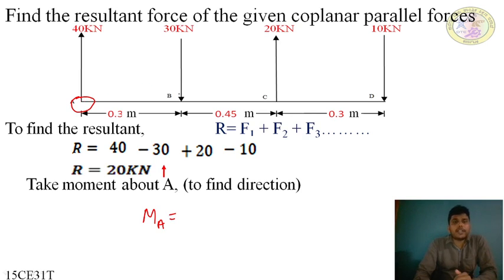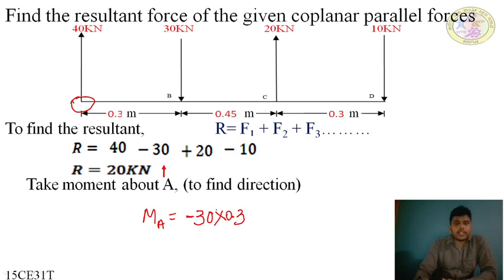I'll skip this, and next, the second force is 30 kilonewton. I'll write force into perpendicular distance. 30 kilonewton into distance 0.3 meter, which is a negative direction.